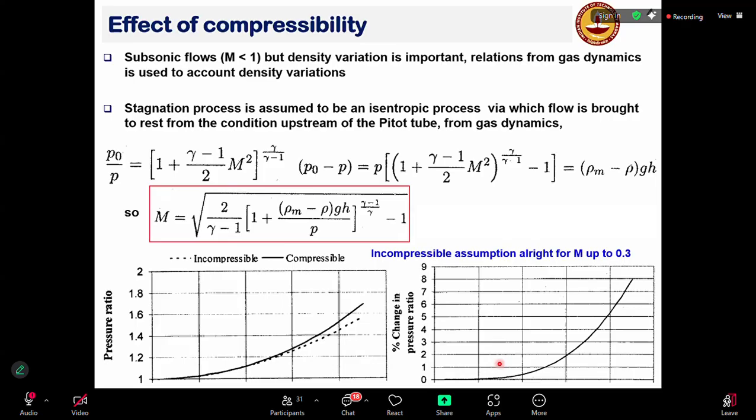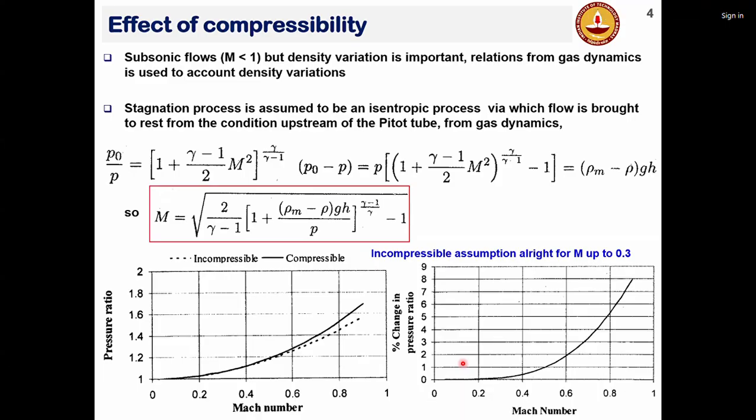So the process of stagnation, where, as I said, at the leading edge of the pitot tube you would have a stagnation point, the entire conversion of the dynamic pressure and the static pressure into stagnation pressure is governed by the thermodynamics of compressible flows.